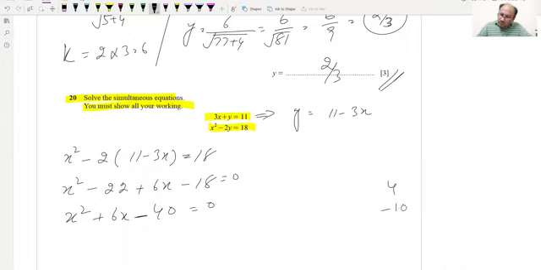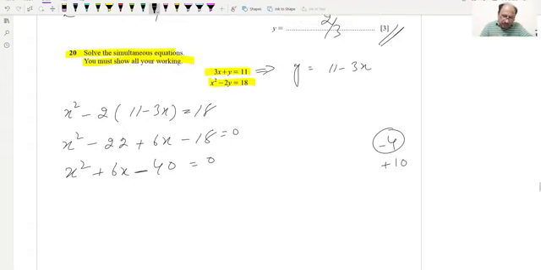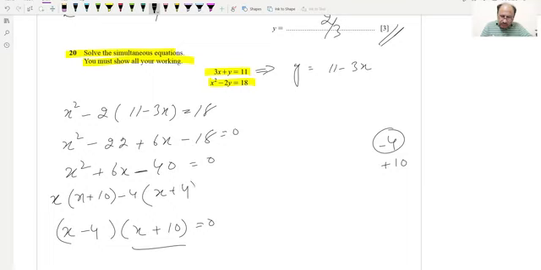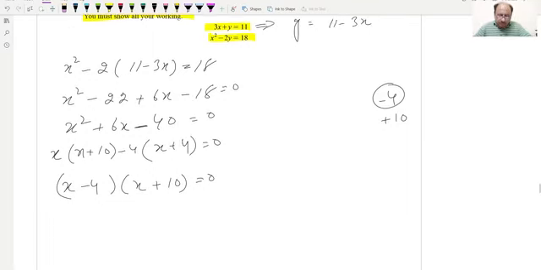So 4 and minus 10, we will change sign and utilize these numbers and keep a gap for the step. So we can write x minus 4 and x plus 10 is equal to 0. The intermediate step will be x, this one, and then this whole step, so it will be x plus 10, and then minus 4, which will be here, and this term x plus 10 is equal to 0. So we have written the intermediate step also.